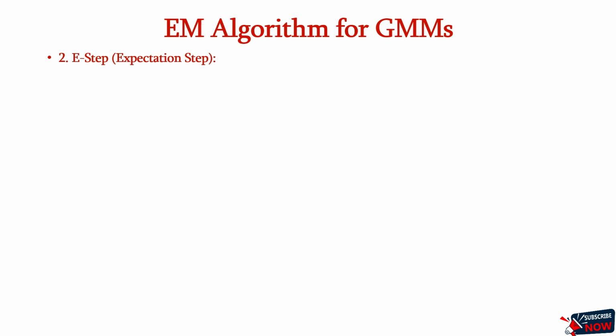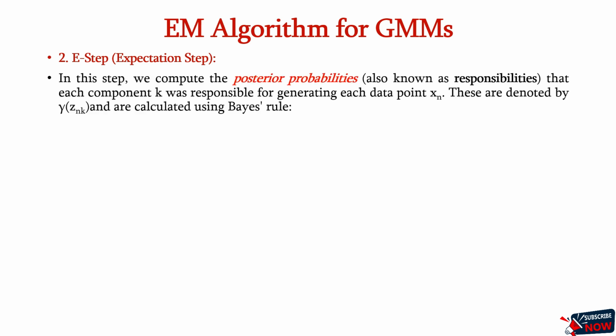The second step is the E-step or expectation step. In the initialization step, we have assumed the values for parameters. So based on the current parameter values, in this step, we compute the posterior probabilities that each component k was responsible for generating each data point xn. This is also known as responsibilities, which can be expressed as gamma of z n k.